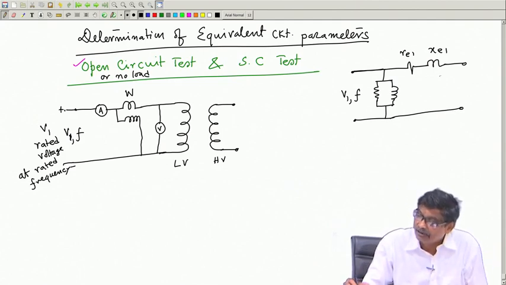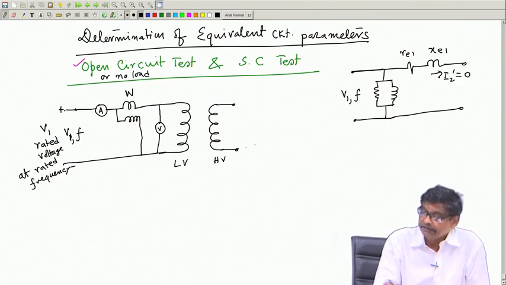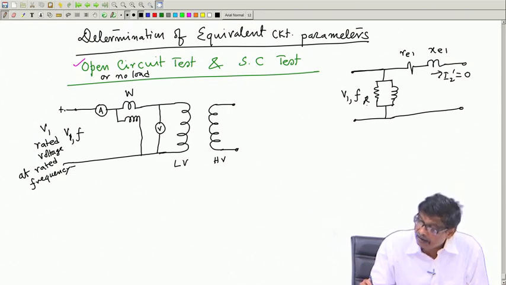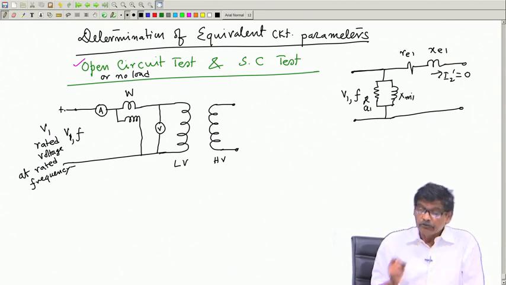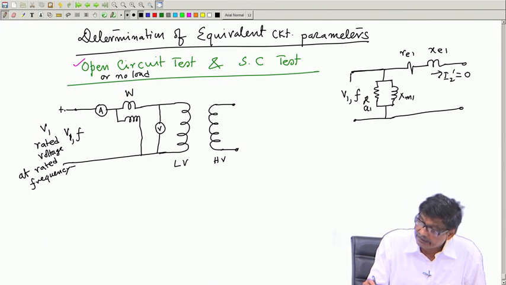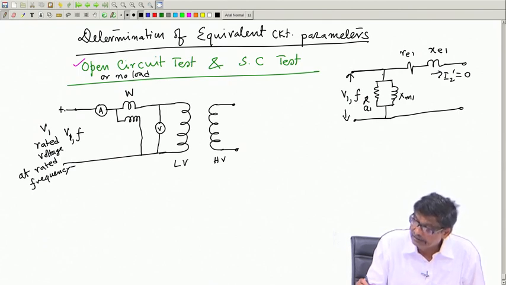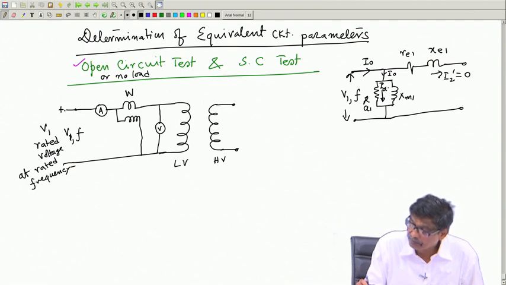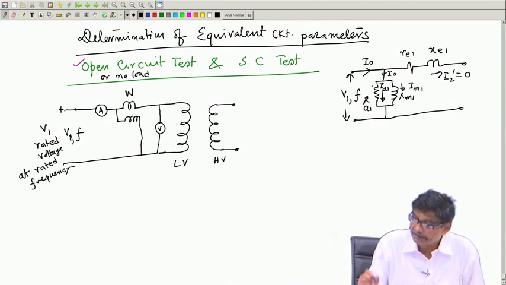I2 dash is 0 because no impedance is connected. So I2 is not there, and this is RCL1 and this is XM1. Under this condition this is I naught, this is also I naught, this is ICL1 and this is IM1, the magnetizing current.